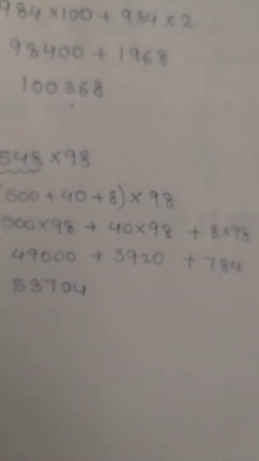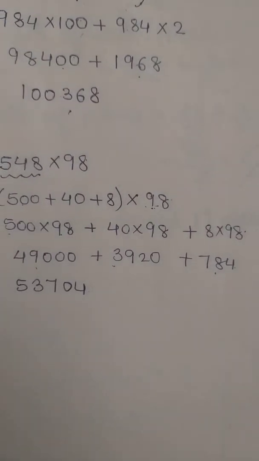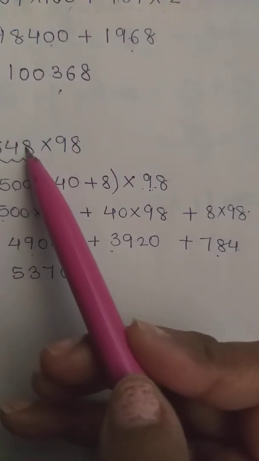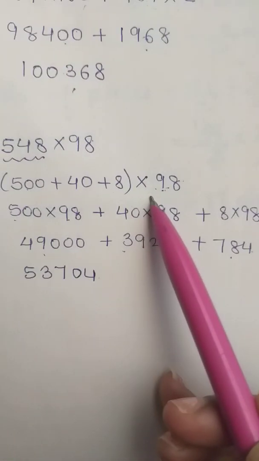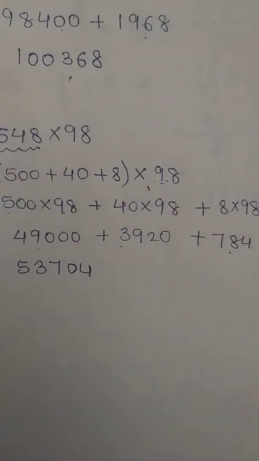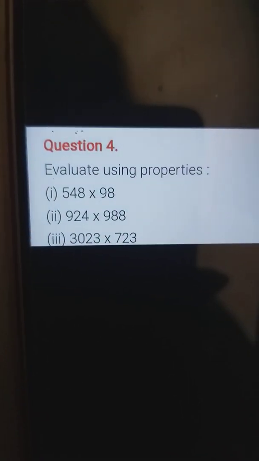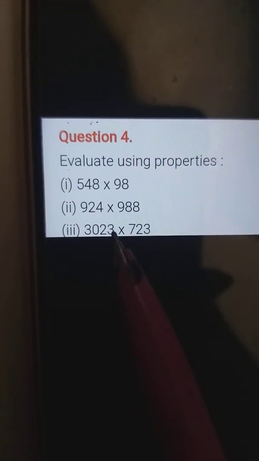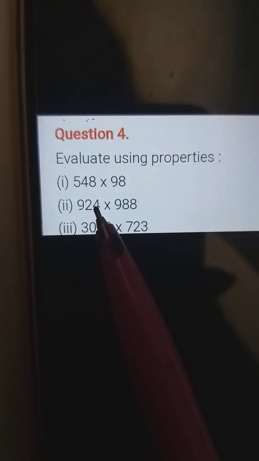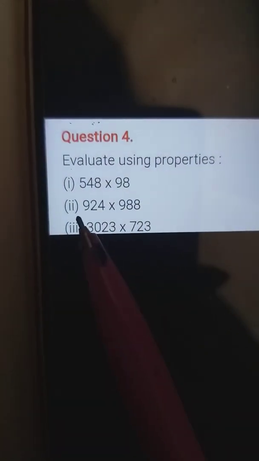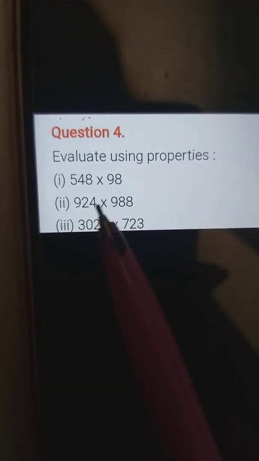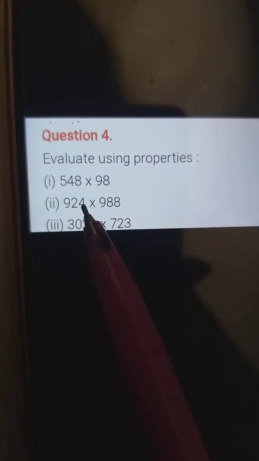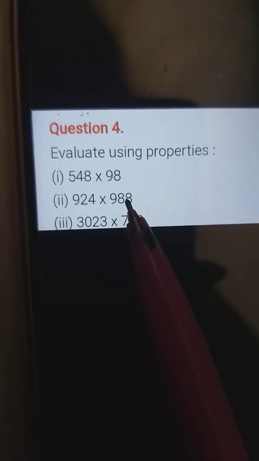It is just similar to the first question that we had done using the expansion, that is the distributive law. First you have to distribute the number and then keep on multiplying the number outside the bracket. Now for question number 2 and 3: 900 plus 20 plus 4, each multiplied by 988.